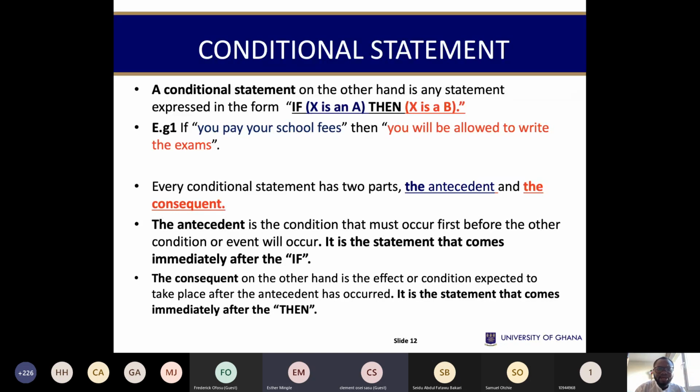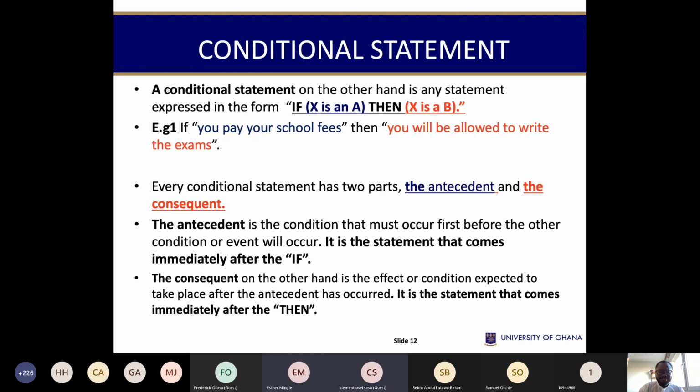After your homework, you can watch your cartoons. It means that you have given your child a conditional statement. So we say conditional statements are written in the form, if X is an A, then X is a B.